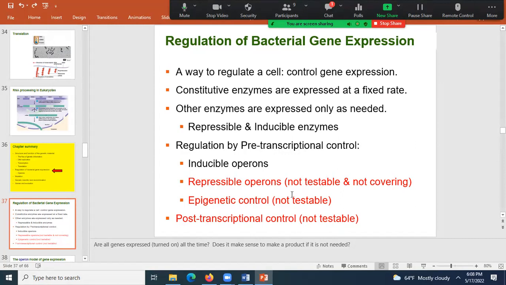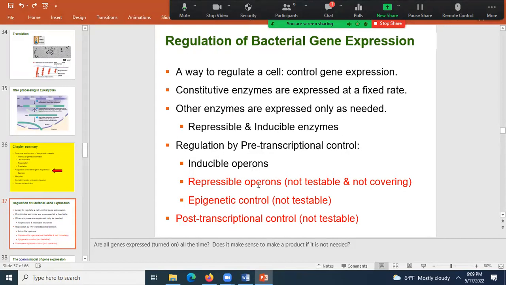We are going to talk about regulation by pre-transcriptional control means. And there are two ways of doing that, actually three ways if you count epigenetic control. There's an inducible operon, and there's a repressible operon. In the inducible operon, the gene can be induced and turned on.